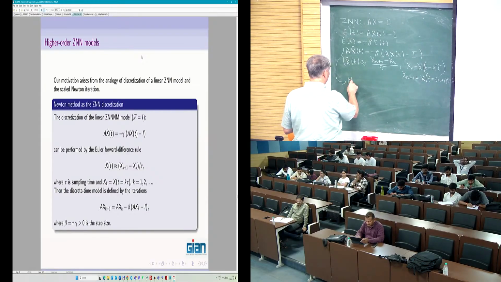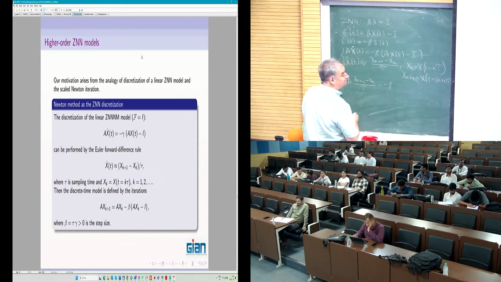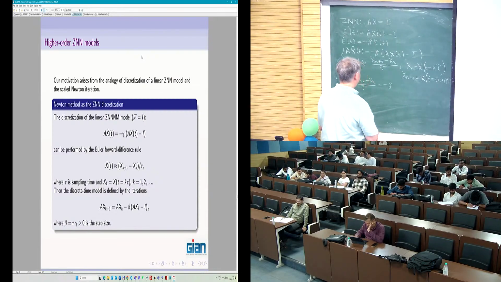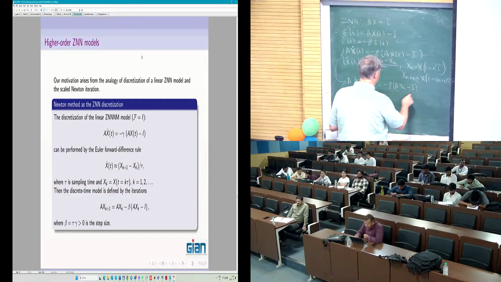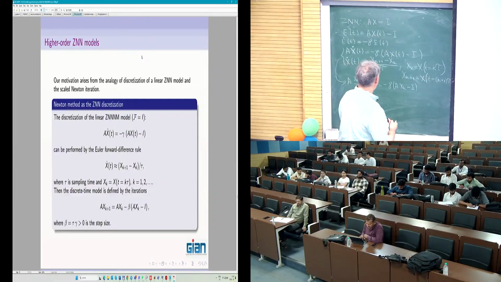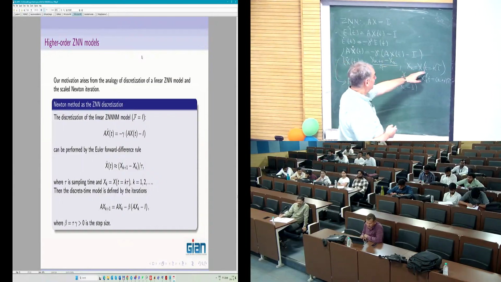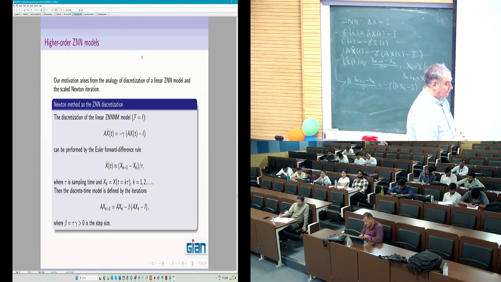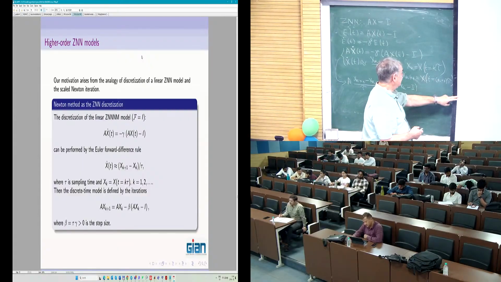A xk plus 1 equals minus gamma A xk minus I. X of t is considered as the value of x in the k tau time instance.